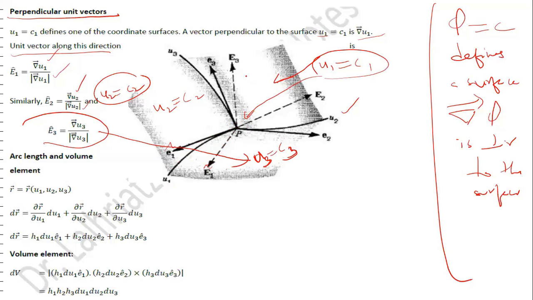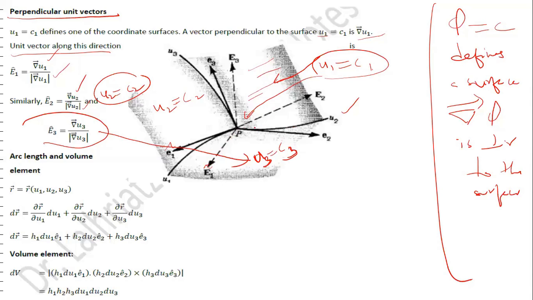This is your u1 equal to c1 surface. So this E1 cap, which defines the unit vector perpendicular to u1 equal to c1, is pointing along this direction. The directions of the tangent unit vectors and perpendicular unit vectors are not necessarily identical, right?